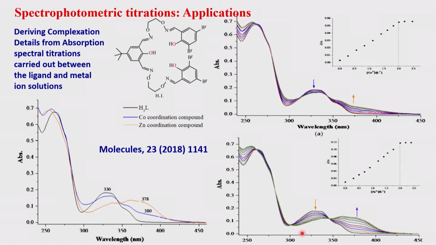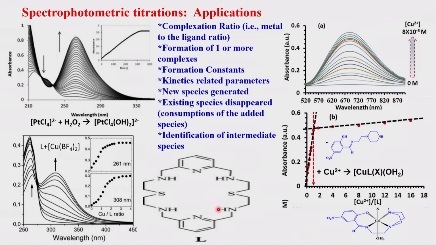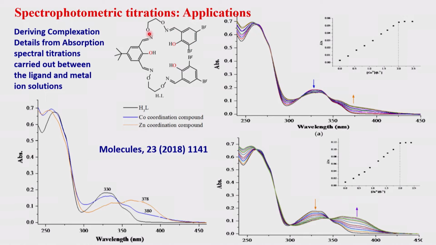The previous example was the cyclic one, but you can also have a non-cyclic or acyclic one. This looks like a cyclic but it is not connected here. This also has 1, 2, 3, 4, 1, 2, 3, totally 7 ligating centers, one extra.